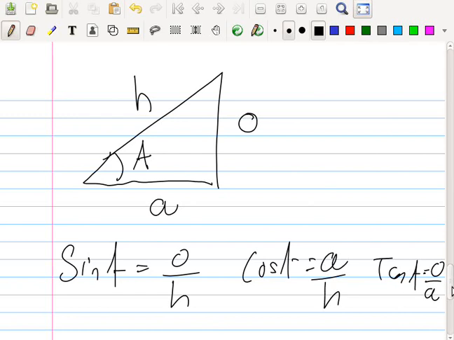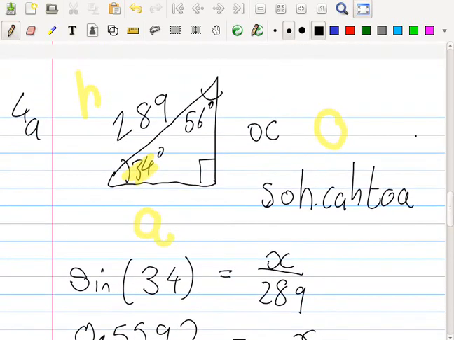This works perfectly when I give you the angles but you're missing a side. So you can't use Pythagoras here, you have to use sine, cos, or tan. Notice how in one of the questions I don't give you the angle. I'm going to do that next. I'm going to do 4C now. No, actually 4B will do.